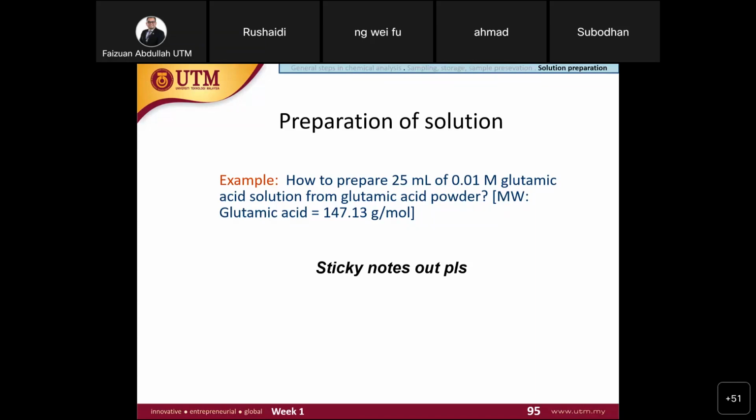How much, guys? Have you calculated? How many grams of glutamic acid powder do you need to take to prepare 25 ml of 0.01 molar glutamic acid solution?